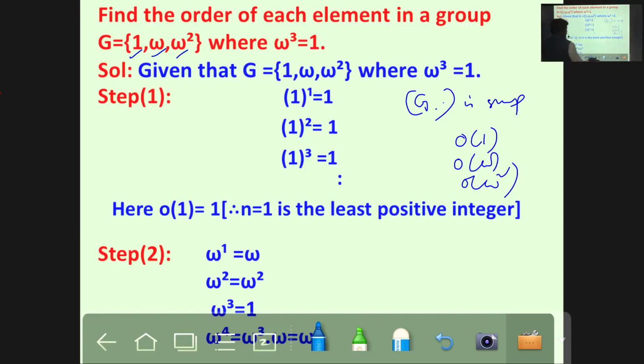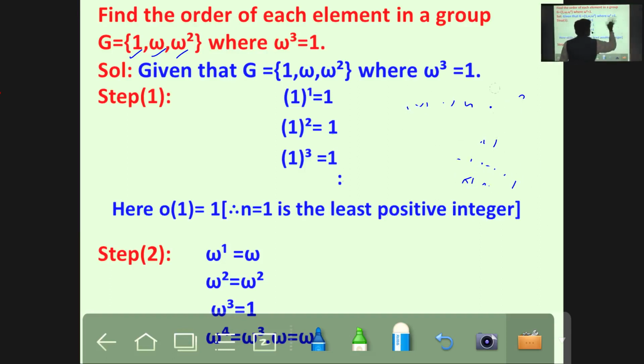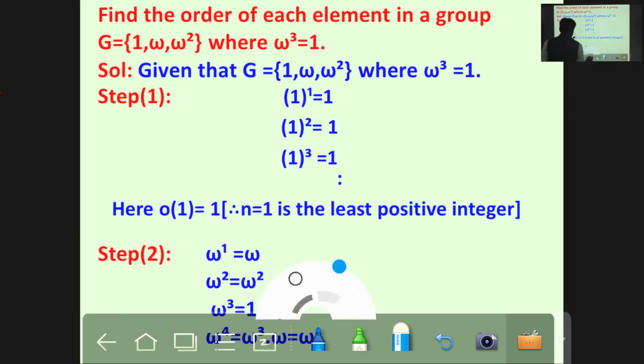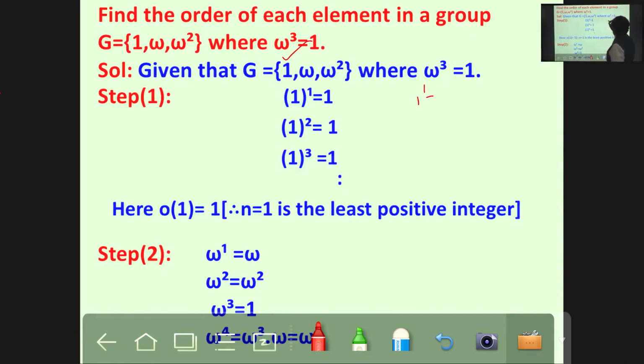Now see one by one. First, take 1 power 1, 1 square, 1 cube, and so on.